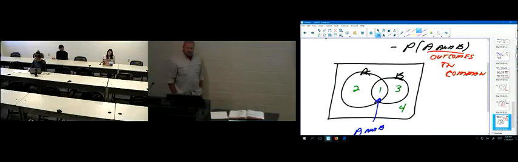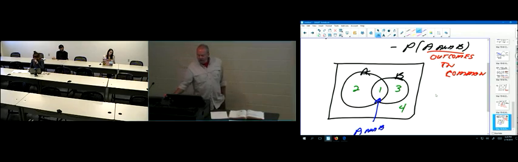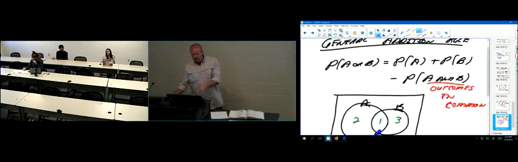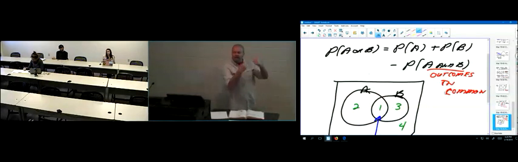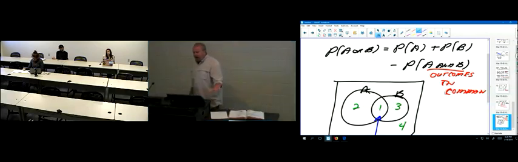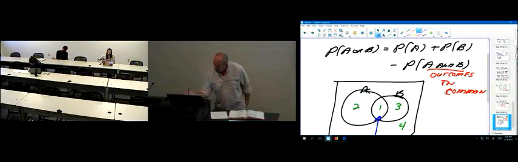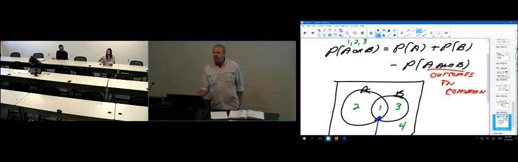All right? So, when I think about this little formula with my little numbers there about what little pieces I'm going to add together, what are we talking about with the probability of A or B, right? It could be in A, it could be in B, or it could be in both, right? So I'm thinking about here, that's 1, 2, and 3, right?